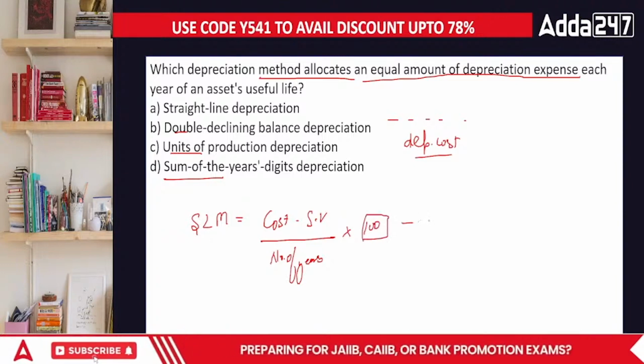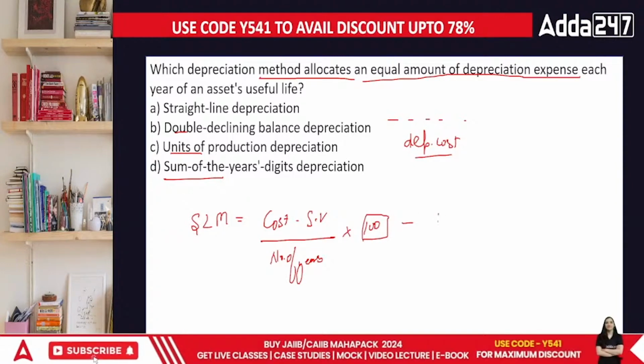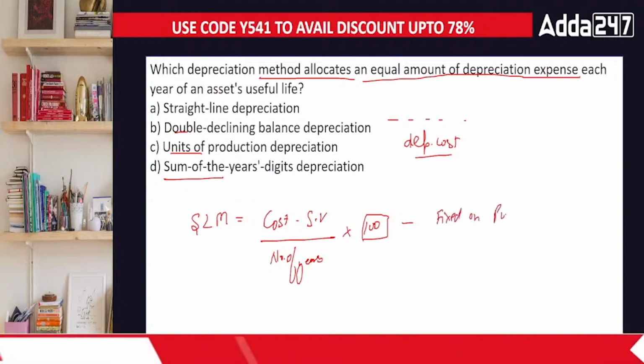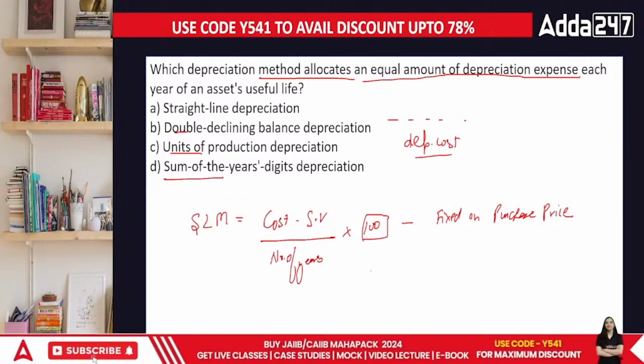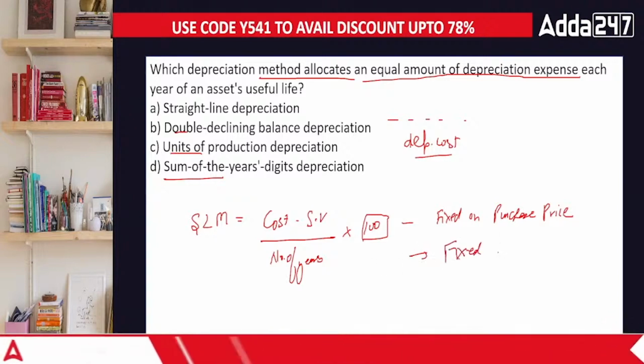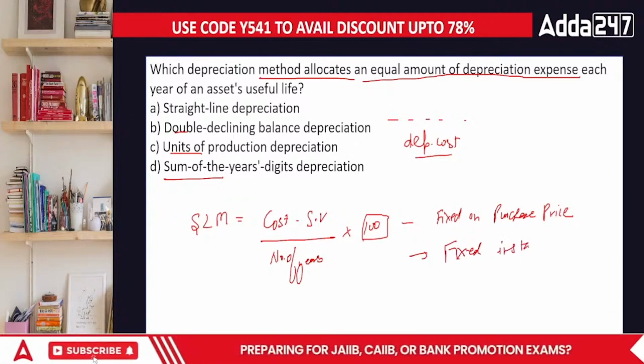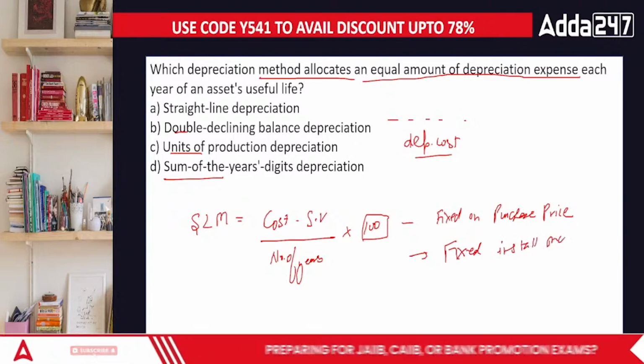The percentage is also fixed on the basis of cost, that is, the purchase price, not every year the price changing. It is also called fixed installment because the installment does not change.